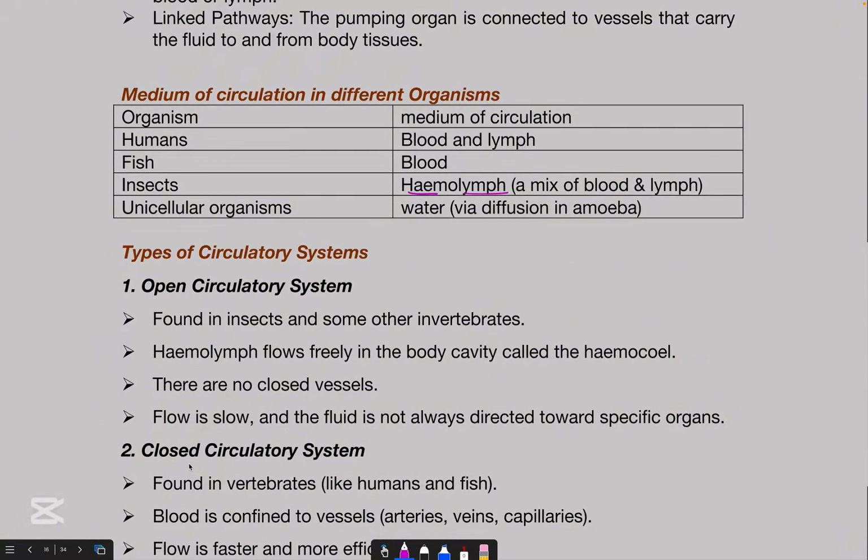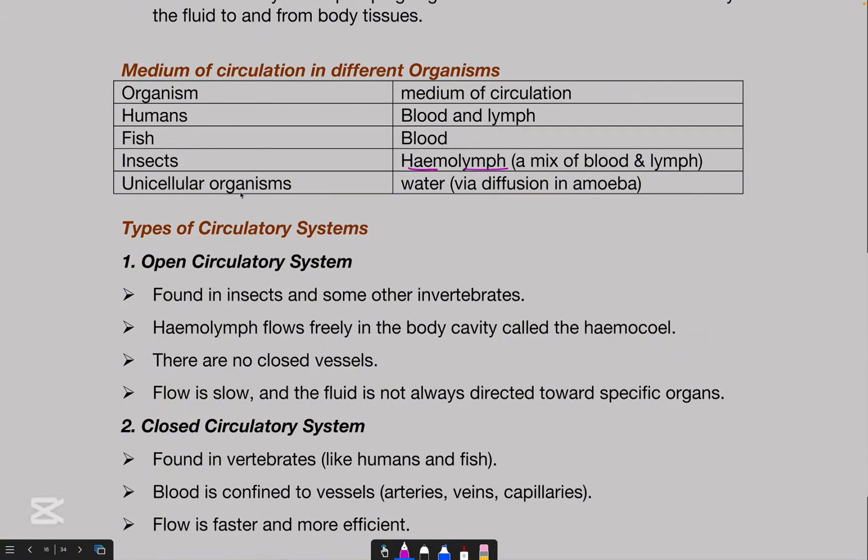All right. Now, let us look at the types of circulatory system. Basically, we have two types of circulatory system: the open and the closed circulatory system.